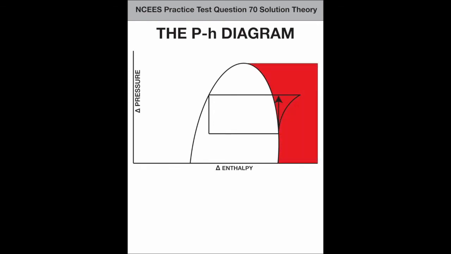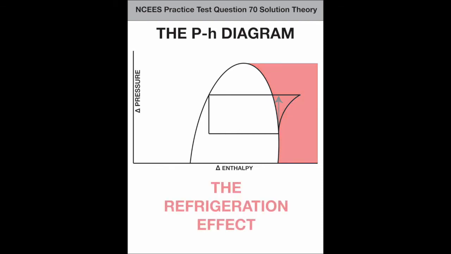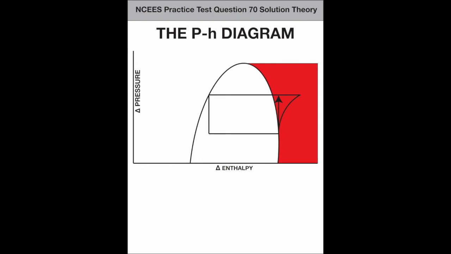This issue is critical to understand because it identifies what is called the refrigeration effect. Speaking in general terms, the ability to refrigerate is shown only by the change in enthalpy within the saturation dome, here. What happens out here, in the superheated region, doesn't do any refrigerating. It's not included in the refrigeration effect.